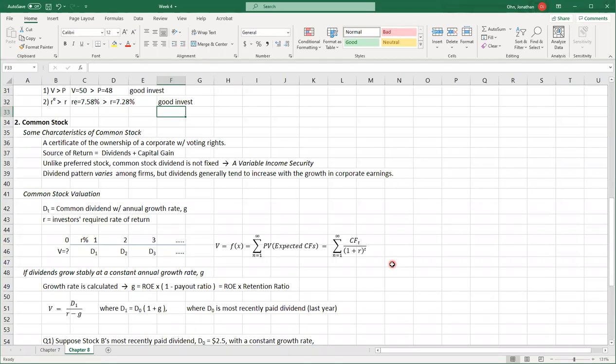Let's talk about common stock and common stock valuation. Common stock is the certificate of corporate ownership with voting rights. It is the evidence of corporate ownership. Suppose you have 100 shares or 500 shares of the corporate common stock, then you automatically become part of the ownership.